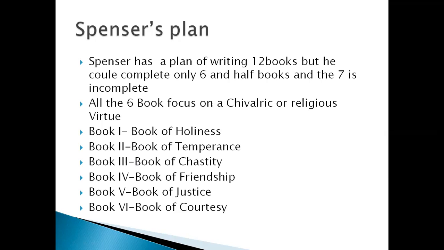The Book of Chastity is notable in two ways. Why is it notable in two ways? Because in all the other books, a male knight is the hero, the main character, and only in book 3 is Britomart, a female knight, the main character.